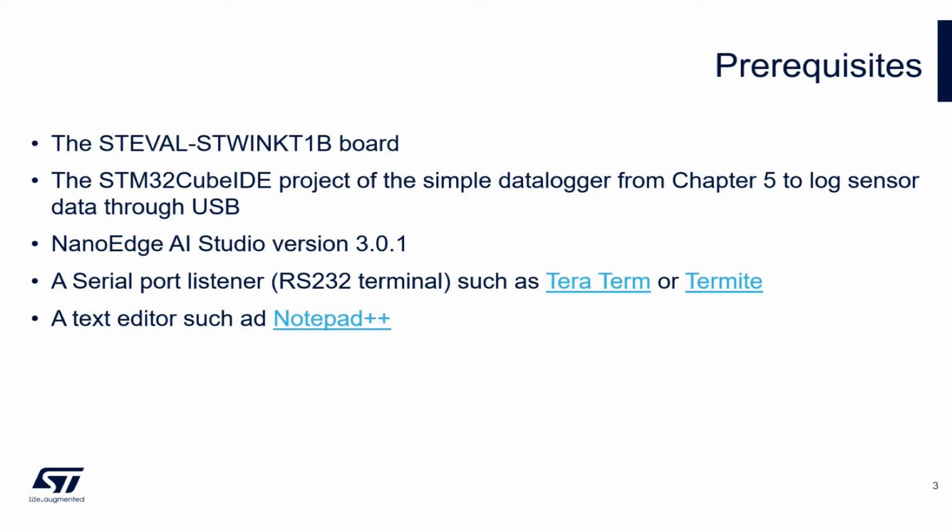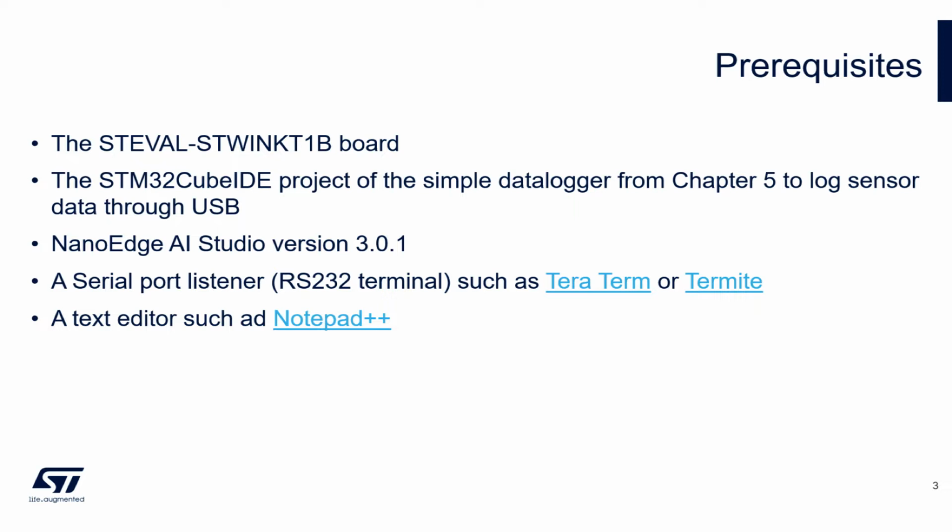The requisites for this chapter are still the ST-eval board and the CubeIDE project from chapter 5, since we will have to do some slight modifications, NanoEdge Studio version 3.0.1, as well as a serial port listener.